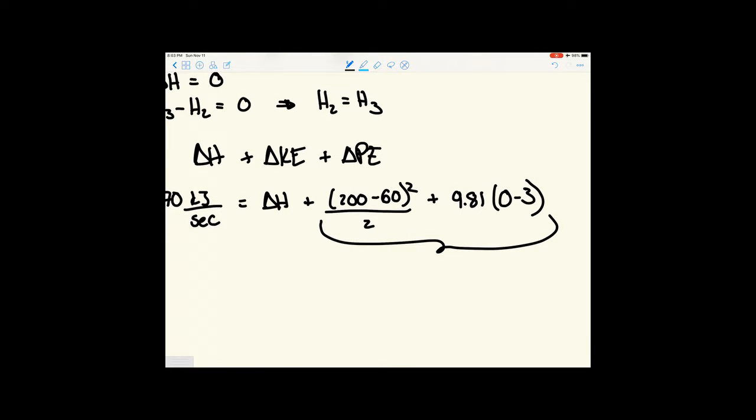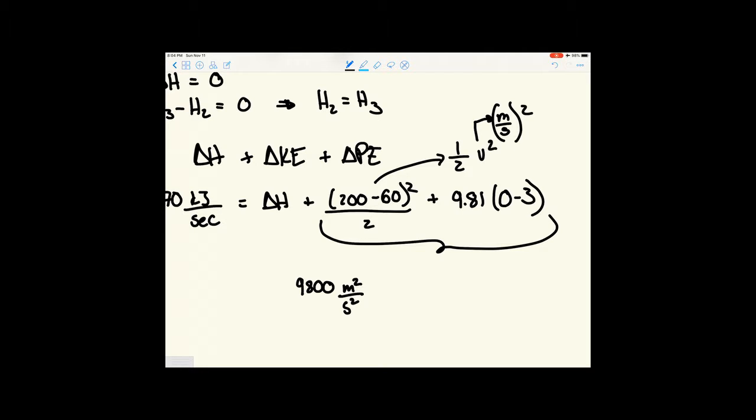So we know, based off of the equation, that the units for kinetic energy, when that math is all worked out, comes out to be 9,800 meters squared per second squared, because this right here is half v squared, where the initial units of velocity are meters per second, all getting squared.